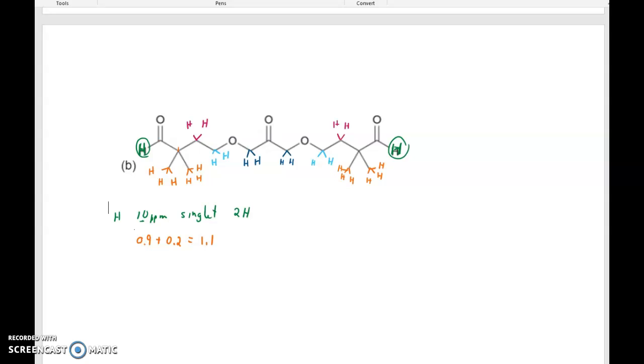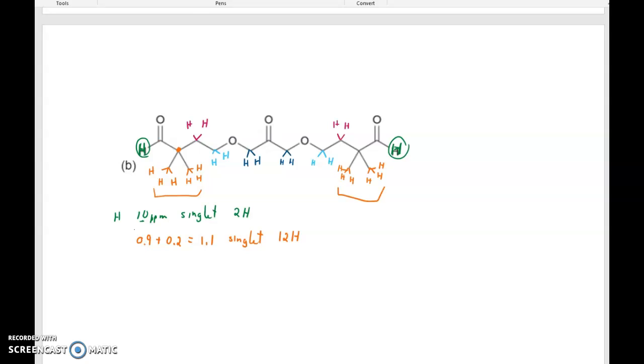They are not going to be split by anything. This neighboring carbon has no protons on it, so it will be a singlet. And there will be 12 hydrogens. So we've got 6 on this side and 6 on this side.